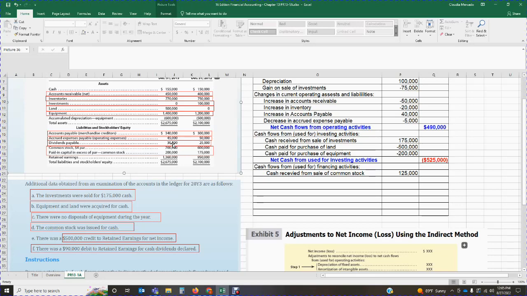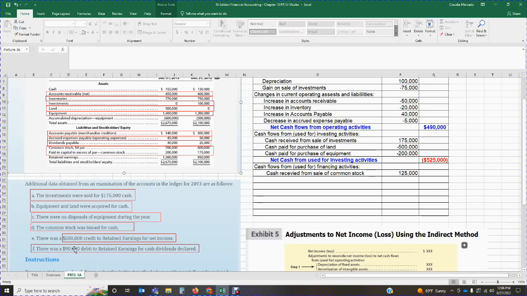That means that when we declared our dividends this year, we declared $90,000, but we only paid out $85,000 because we put $5,000 into our dividends payable. We weren't able to get a hold of certain stockholders, so we put that $5,000 aside for when we're able to contact them. Since my dividends payable increased by 5, I did not pay the full 90,000.